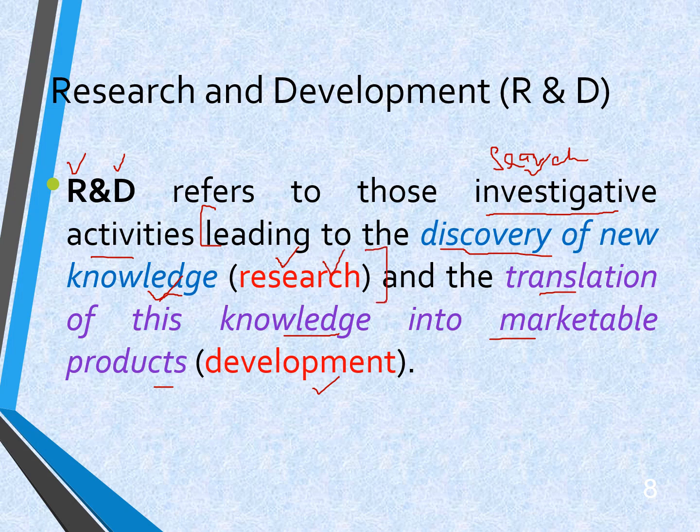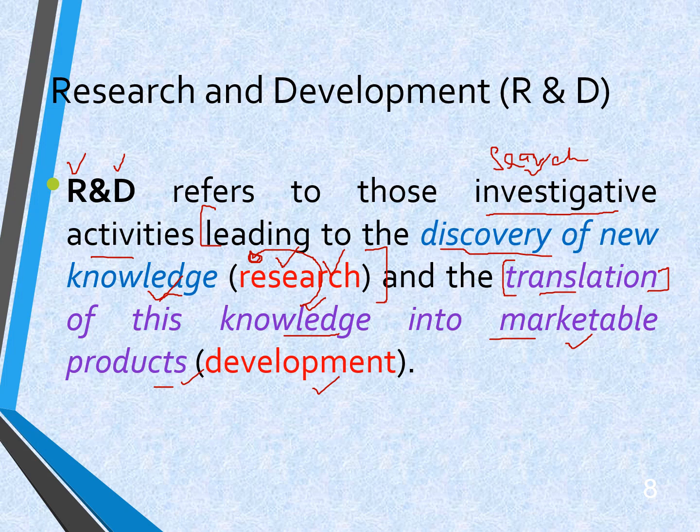And the translation of this knowledge, the word translation here means the application of this knowledge. The application of the knowledge obtained above into marketable product. Into marketable product here means to produce a product.